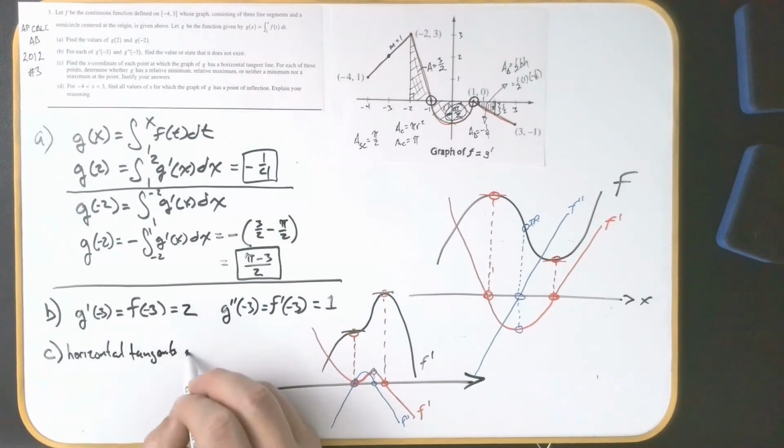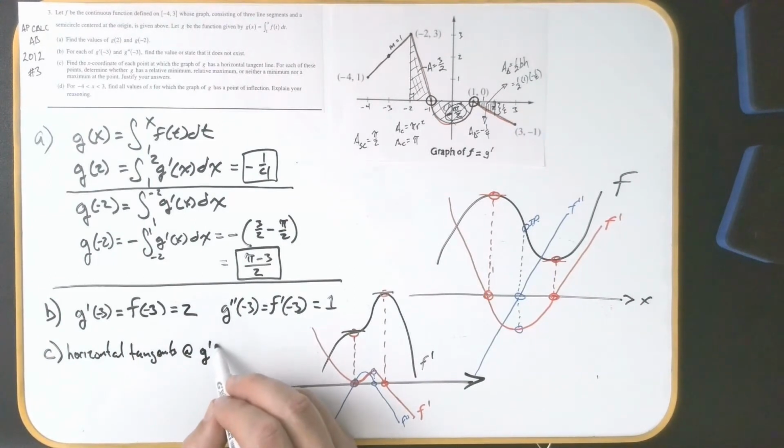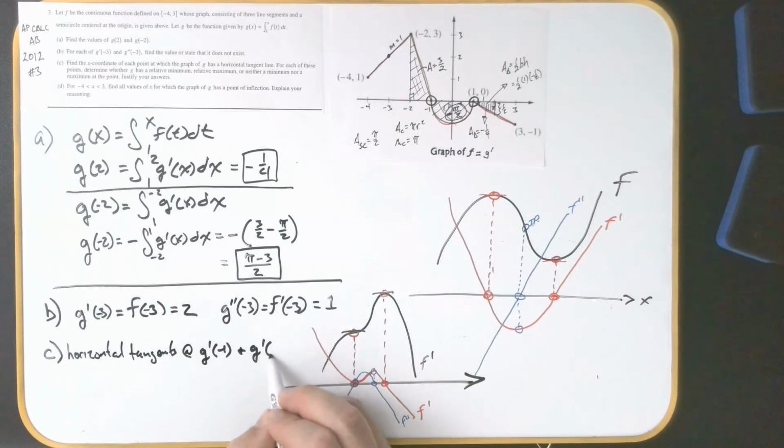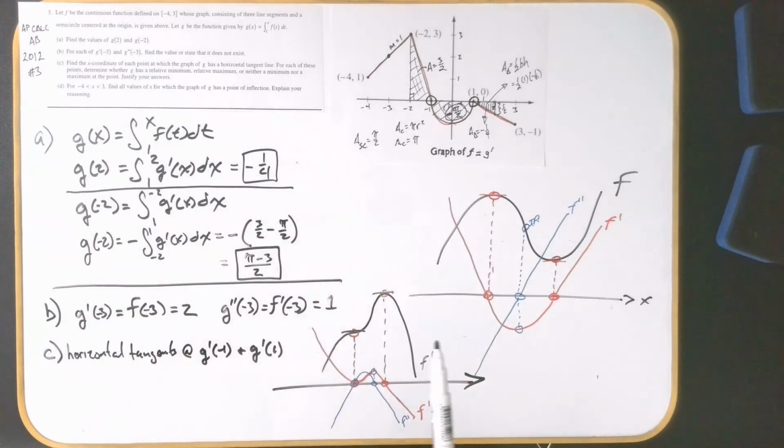Okay. And so what I'm going to say is that there's horizontal tangents at g prime of -1 and g prime of 1, which is the same as f of 1 and f of negative 1. So there's where we'd have horizontal tangents. Okay? So we've got that point, and then it says, say whether they're a max, a min, or neither.